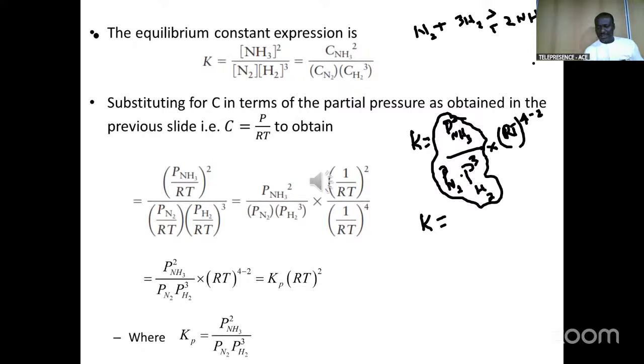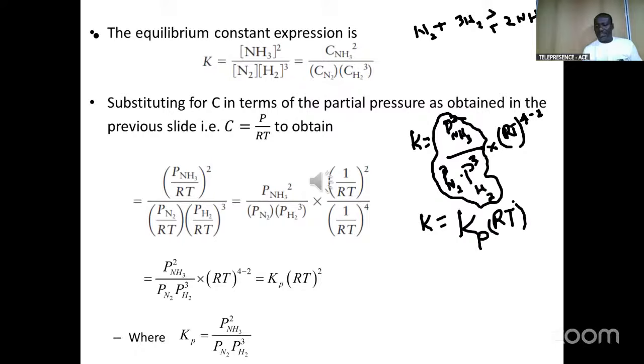So that is a reflection of the stoichiometry of the reaction: pressure of ammonia raised to the power of 2, that's the stoichiometric coefficient of ammonia, pressure of nitrogen raised to the power 1, and that of hydrogen raised to the power of 3. Okay, so this that I've circled is what we call the equilibrium constant in terms of partial pressure, Kp. And this is equal to RT.